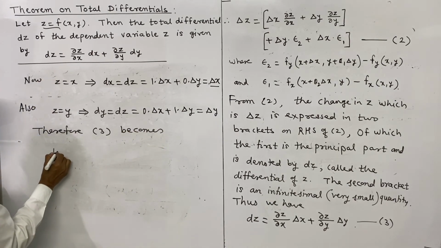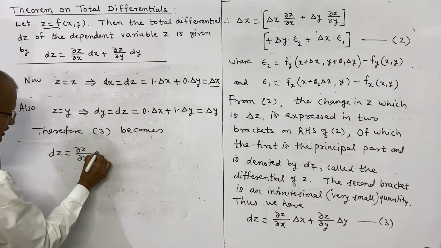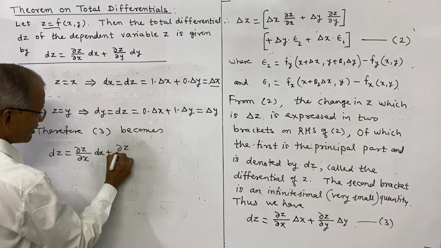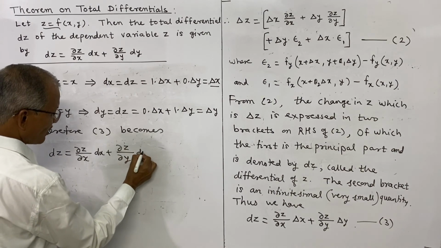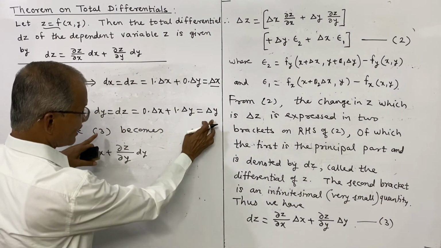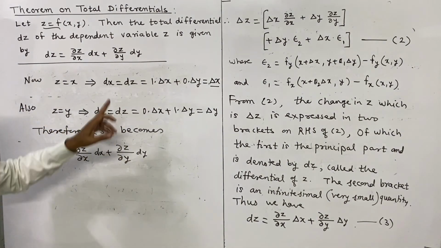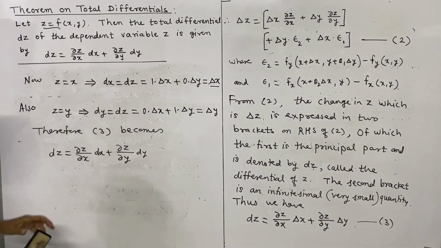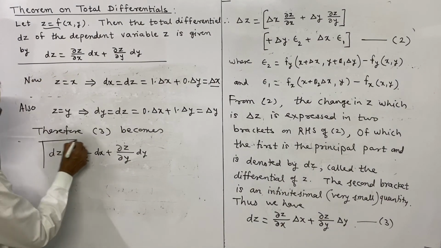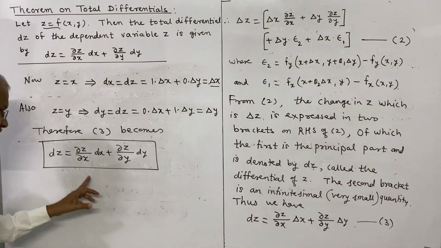dz is equal to the partial derivative of z with respect to x into dx plus the partial derivative of z with respect to y into dy. We have replaced delta x by dx and delta y by dy in 3, and this is what we wanted to prove. This is the result to be proved, and this proves it.